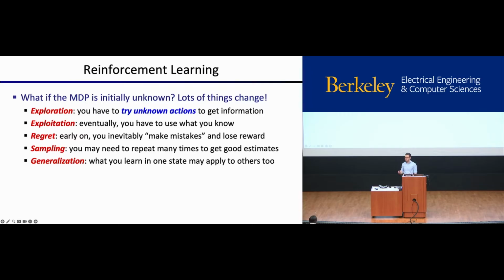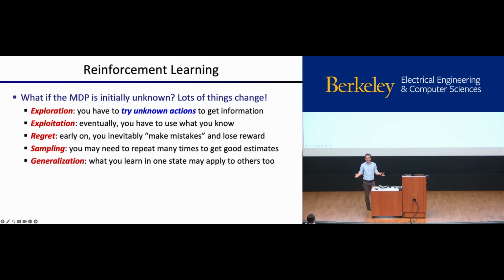And similarly, because things are noisy and stochastic and we're uncertain about what state we're going to end up in, we're going to need some sampling, right? It might take us multiple samples, many samples, in fact, before we're sure that we have a good estimate of how the world works. And similarly, we're going to need to try to generalize. What we learn in one state might be useful for what we learn in another state.